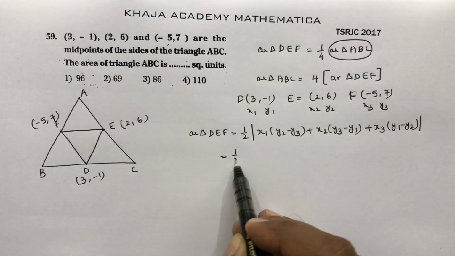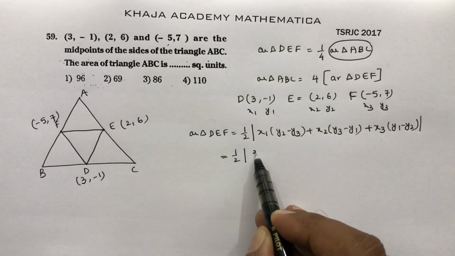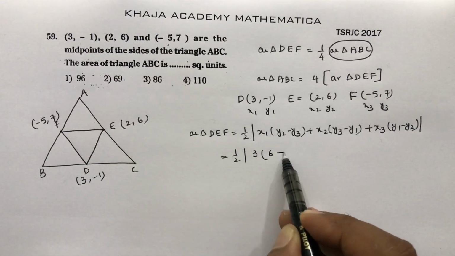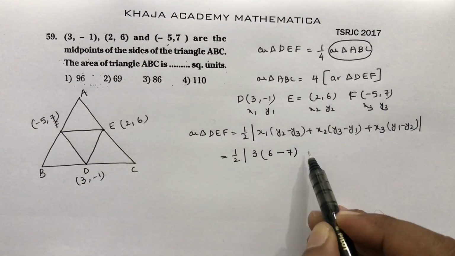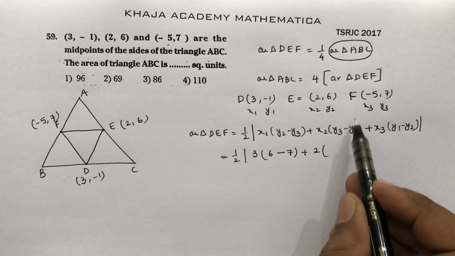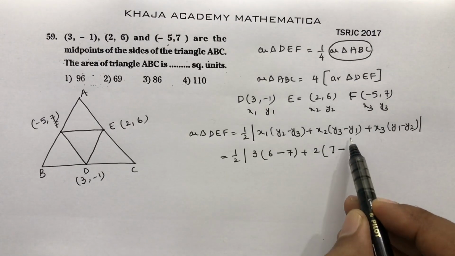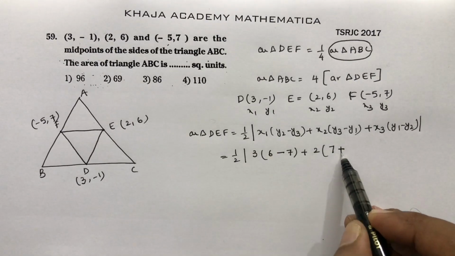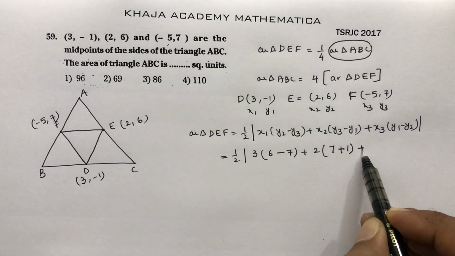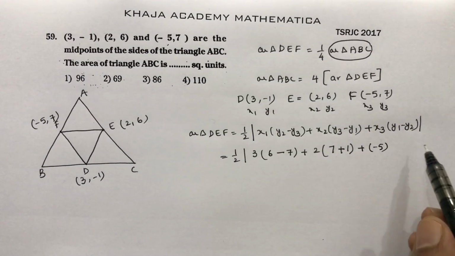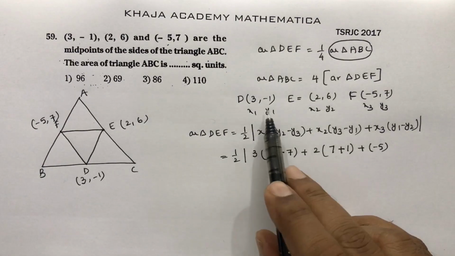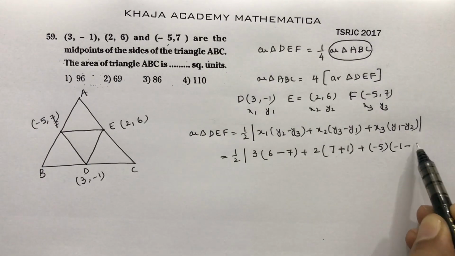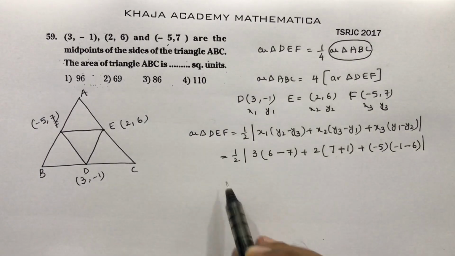So half mod: x1 is 3, y2 is 6 minus y3 is 7, plus x2 is 2, y3 is 7 minus y1, minus of minus becomes plus 1, x3 is minus 5, y1 value is minus 1 minus y2 is minus 6.